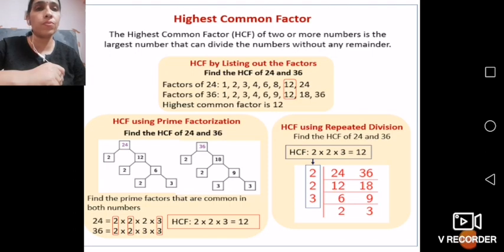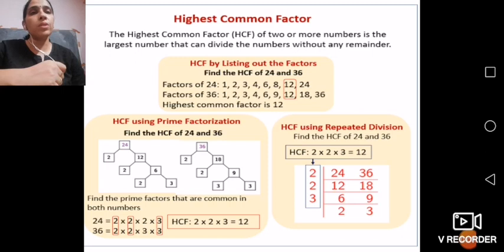And the factors of 36 are 1, 2, 3, 4, 6, 9, 12, 18 and 36 itself. Now from these factors you can find the common factors. The common factors are 1, 2, 3, 4, 6 and 12. Out of these common factors, the highest common factor is 12.